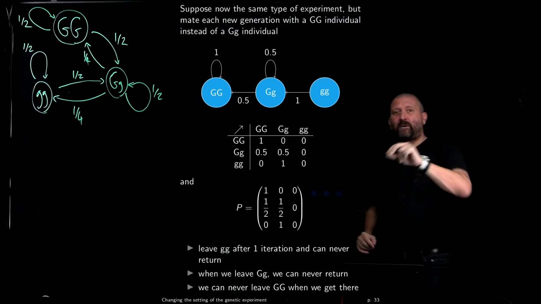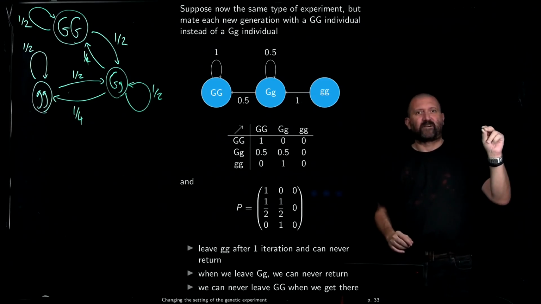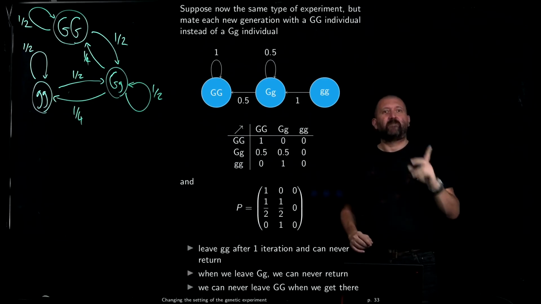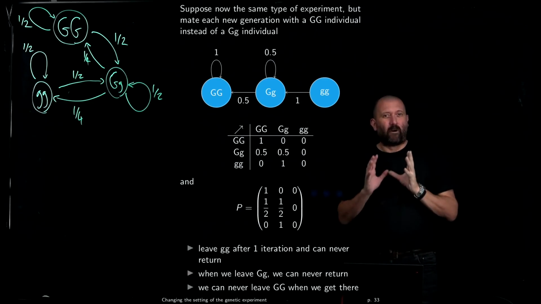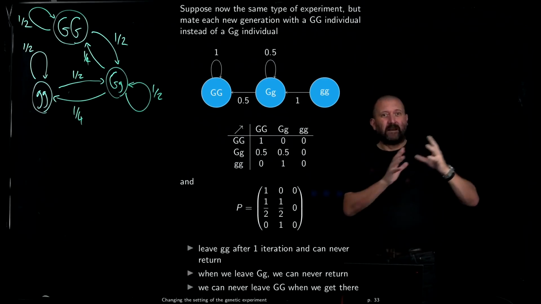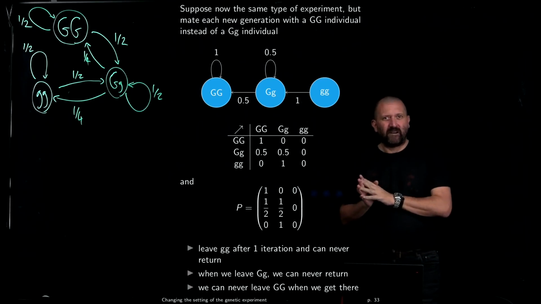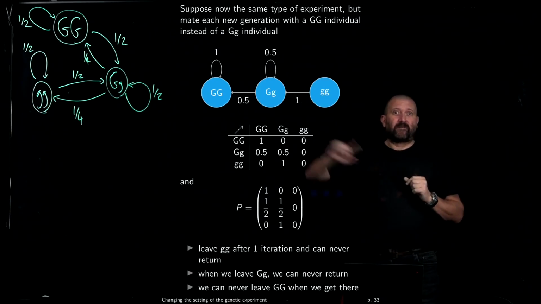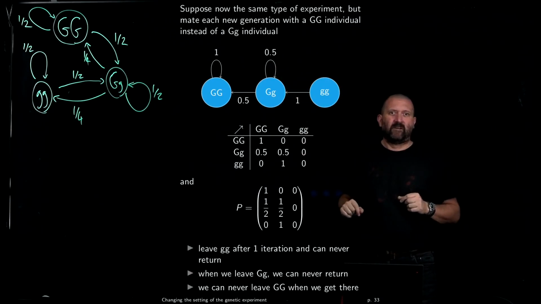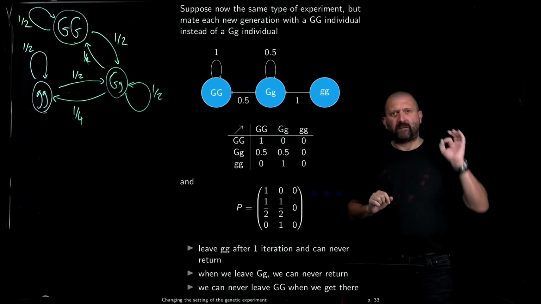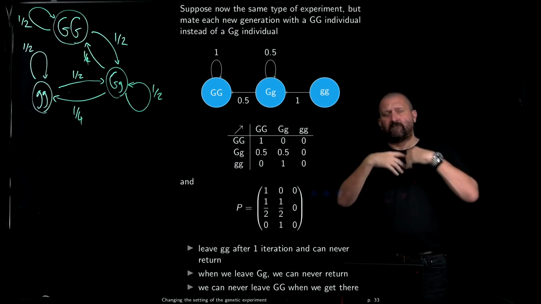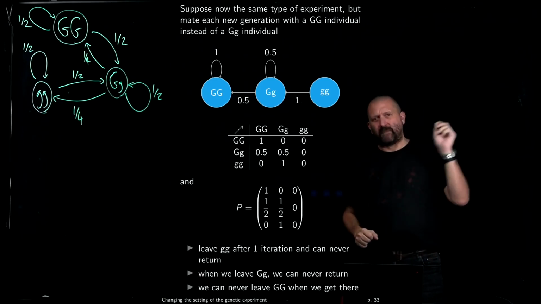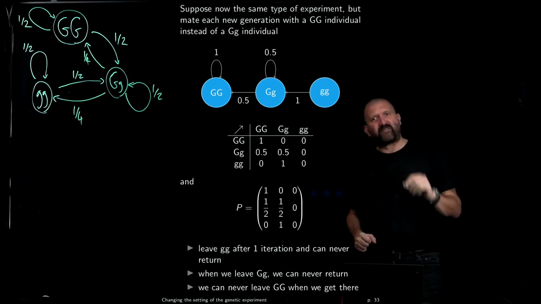I pick an offspring, I mate that offspring at random with an individual, but instead of choosing that individual of known type to be hybrid, like in the previous case, I'm going to take that individual to be dominant, okay? Capital G, capital G. So every time, pick an offspring, mate it with a capital G, get offspring, get a new offspring, mate it with capital G, etc.